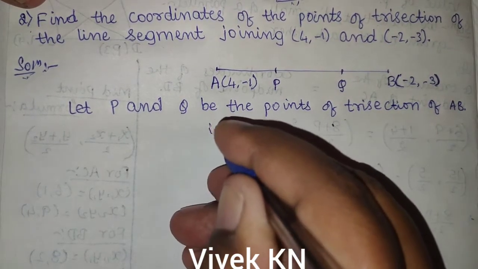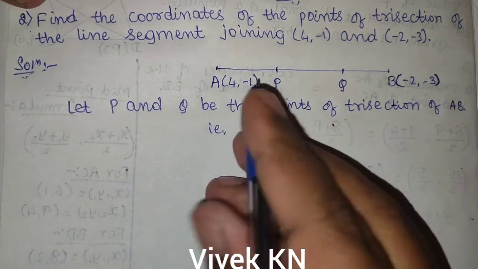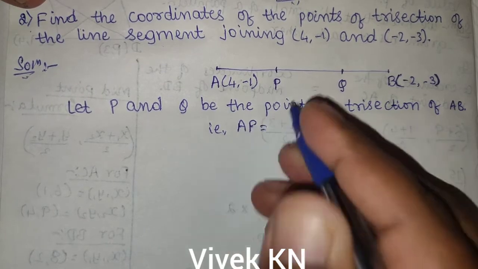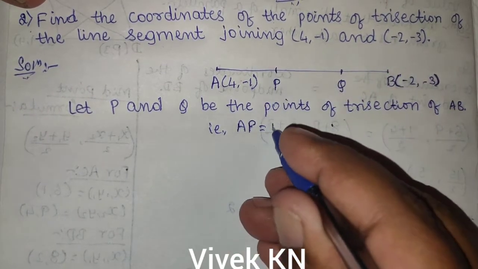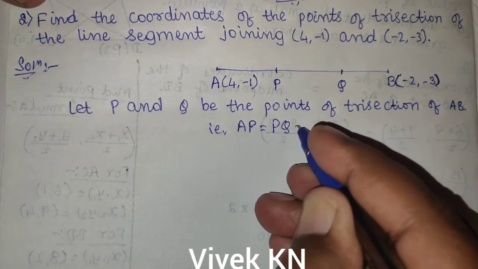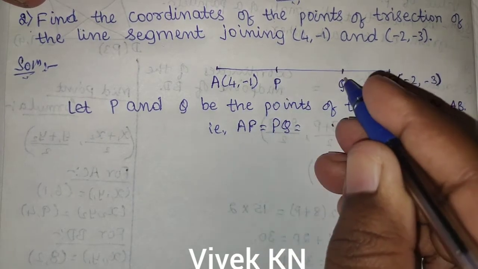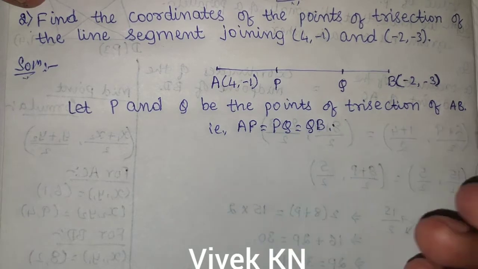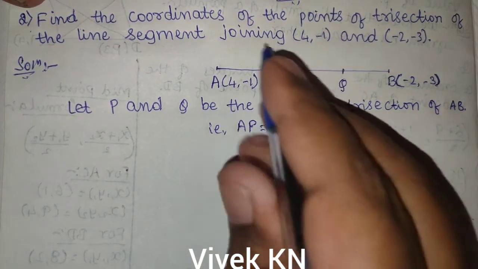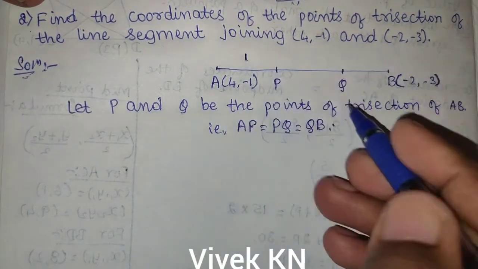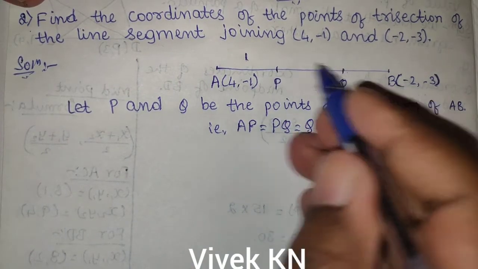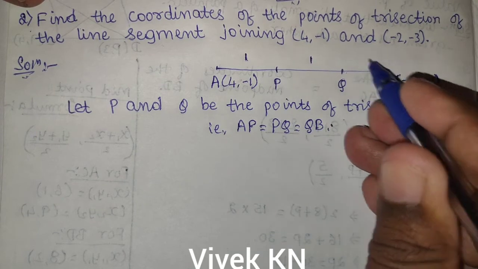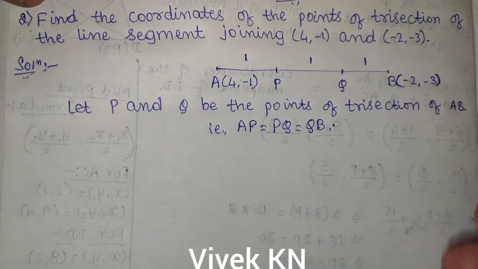That is, AP is equal to PQ and this PQ must be equal to QB. For example, if AP is equal to 1 centimeter, then PQ must also be equal to 1 centimeter and this QB must also be equal to 1 centimeter.